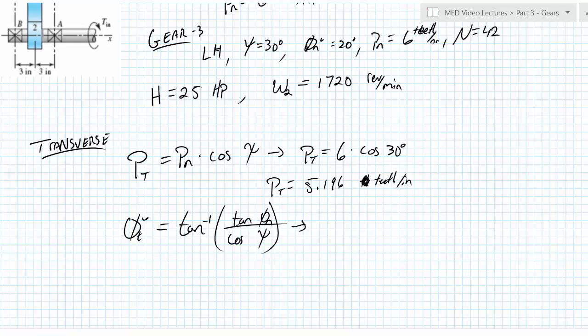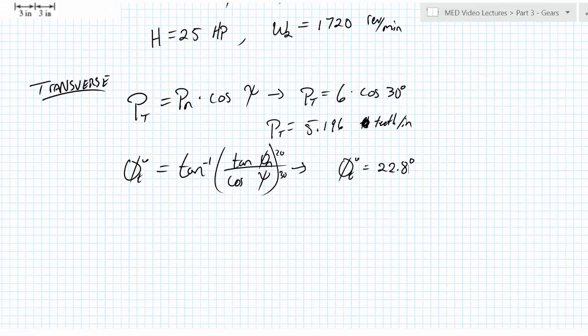Plugging in our numbers of 20 degrees and 30 degrees, we have a transverse pressure angle of 22.8 degrees. This is with respect to the z-axis, the one that goes through the center of the gear. Alright, now we can start to understand how our forces are actually acting.